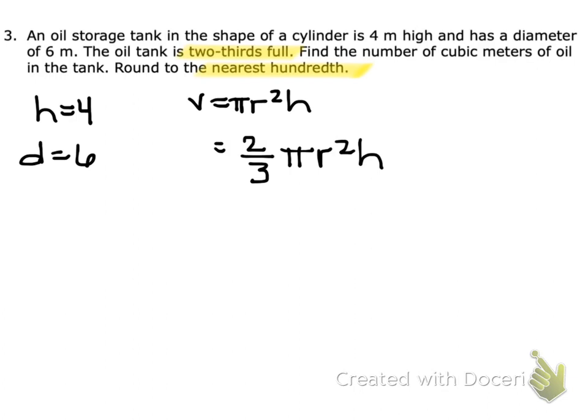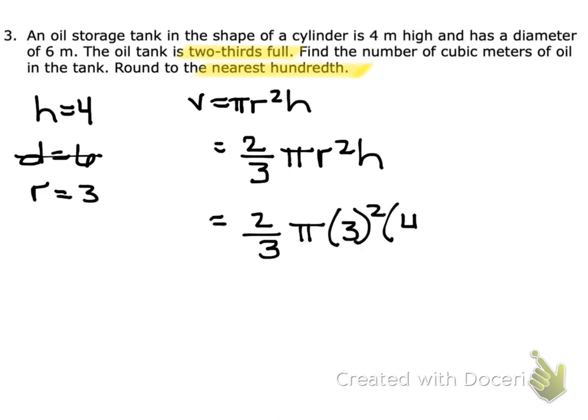Okay, so am I just going to plug in 6 and 4? Why not? The diameter is 6, so the radius is what? 3. All right, so we're going to do 2/3 pi 3 squared times 4.